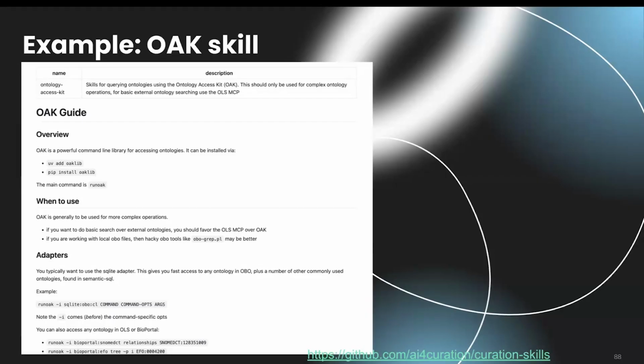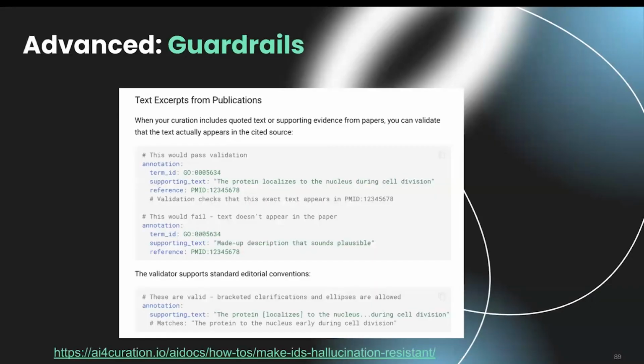If you give it too much information up front, if you have a Claude MD file that is pages and pages long and has your entire curation manual, that can work quite well, but it can also lead to a lot of inefficiencies and the agent getting confused with all the different instructions. Using skills and these high-level descriptions allows the agent to pick and choose which skills it needs for any one individual task.